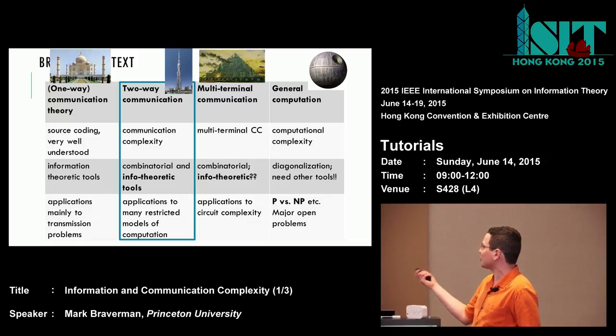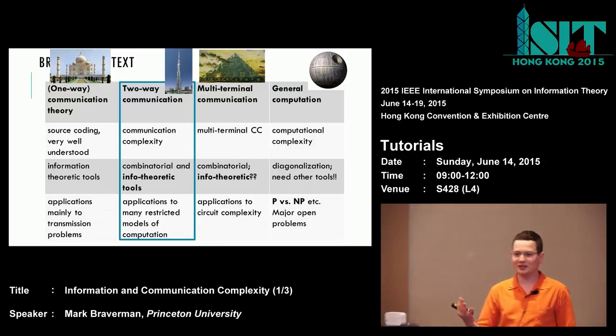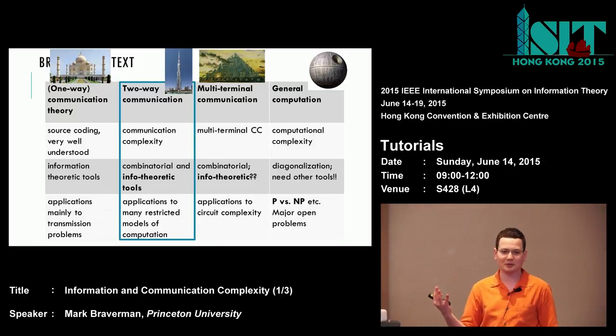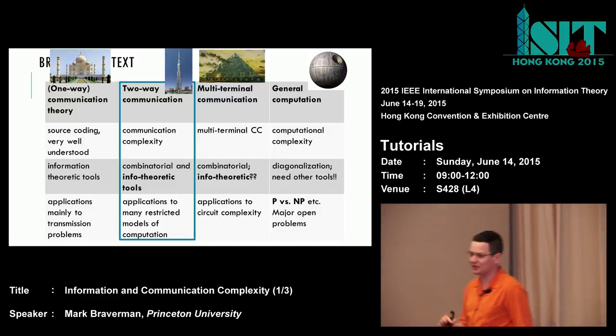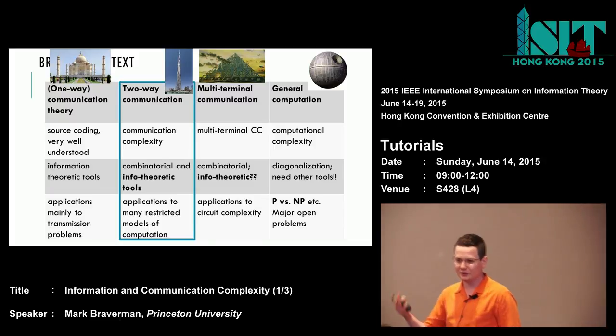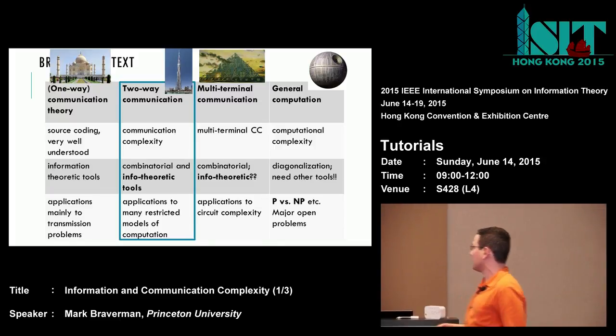Essentially, in terms of tools, the only tool we have is diagonalization, the tool that Turing used to prove that the Halting problem is undecidable 80 years ago. That's essentially where we stand. There are a few combinatorial tools for very restricted models, but we need other tools.